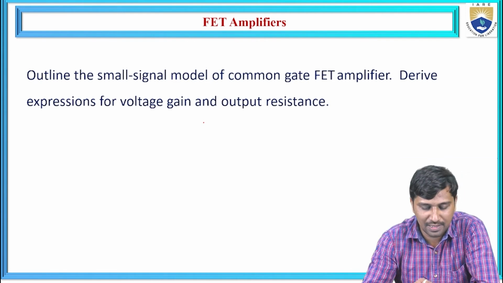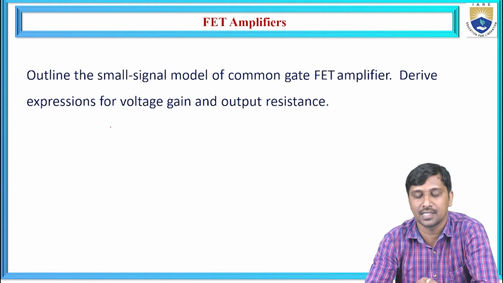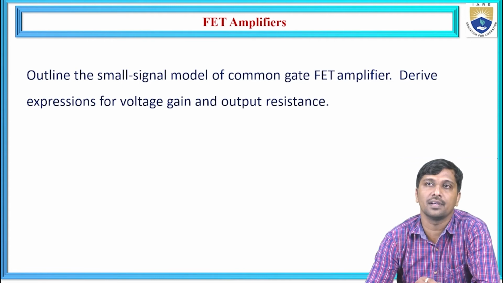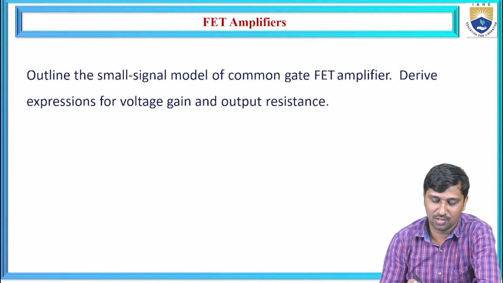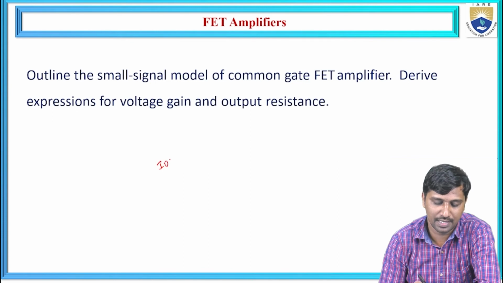Then outline the small signal model of common gate FET amplifier. Derive the expression for voltage gain and output resistance. For this case, first you should know the generalized small signal model for FET amplifier. From the FET characteristics and operation, we observe that the drain current is a function of VDS and VGS.